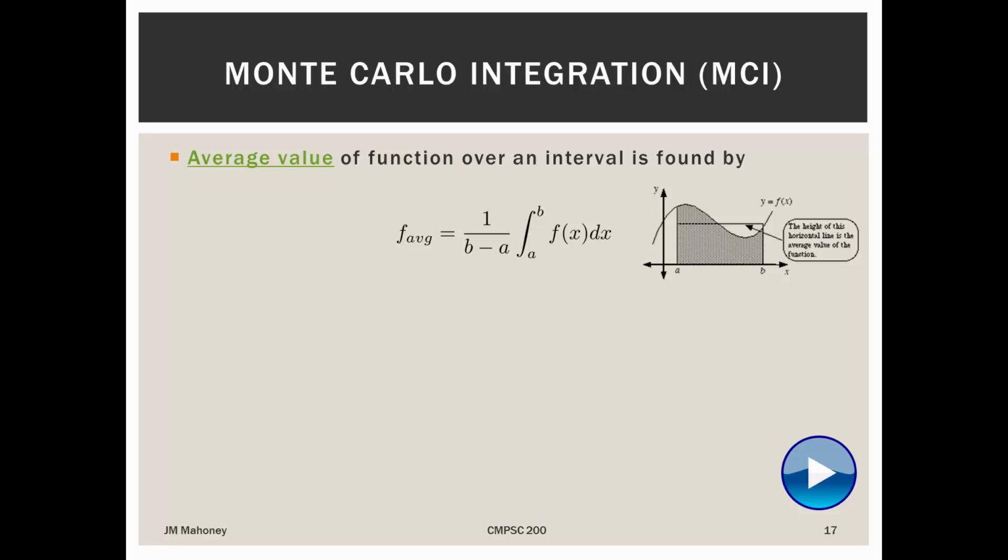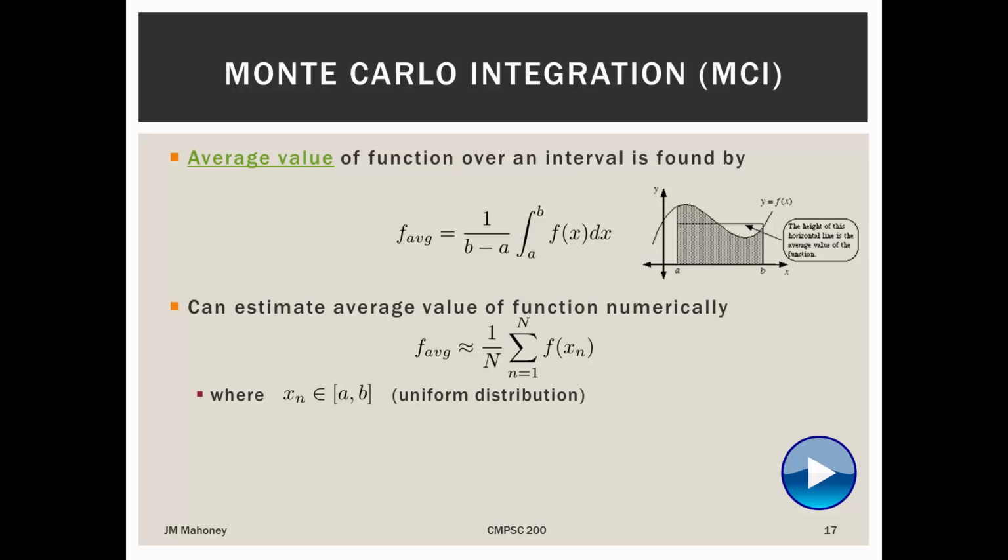So basically what we're doing is forming a rectangle from a to b that has the same area as that under the function from a to b. So if we divide the area under the function by that length, we get the average value of the function. And that's a definition from Calc 1.